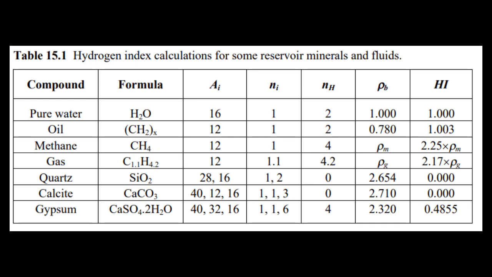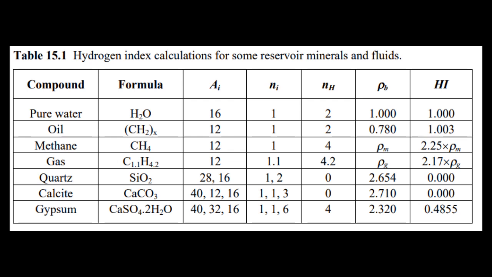Pure water is our reference material, so by definition water has a hydrogen index of 1. This is very important because neutron porosity logs are commonly calibrated assuming water-filled porosity. Oil also has a hydrogen index close to 1, about 1.003 as we can see in the table, almost the same as water.